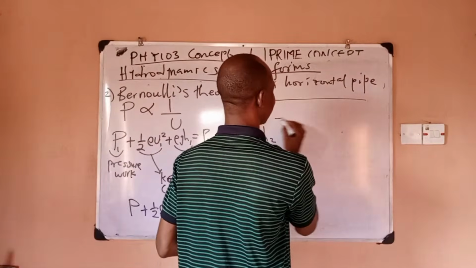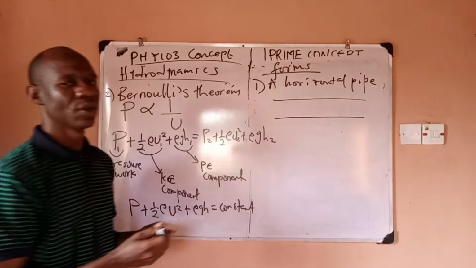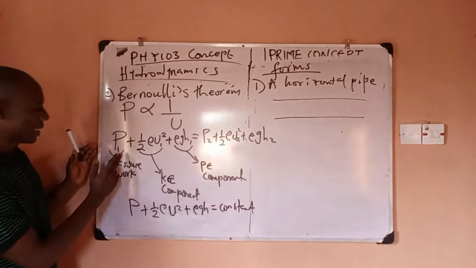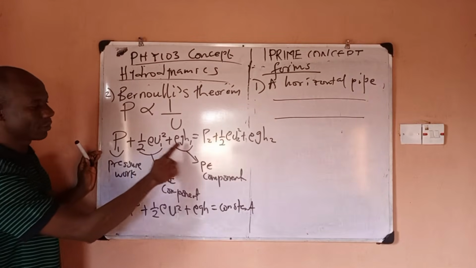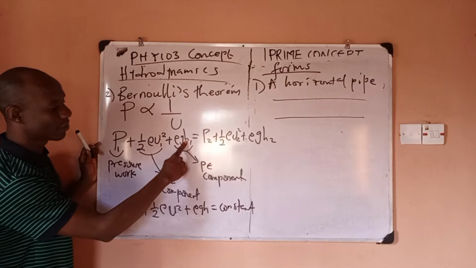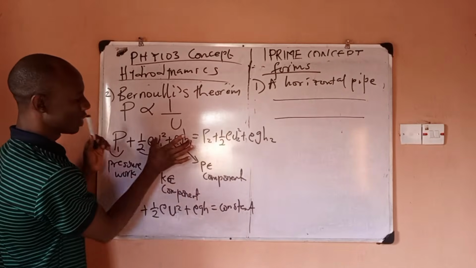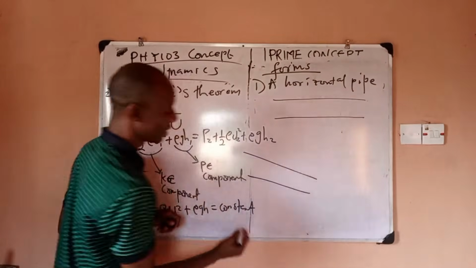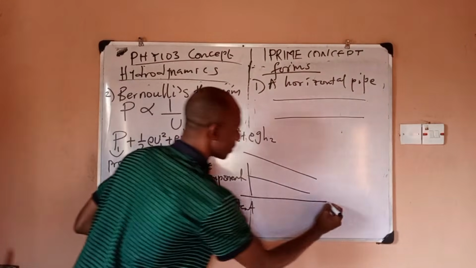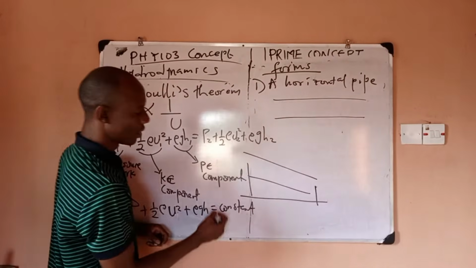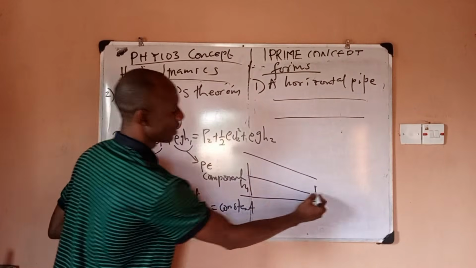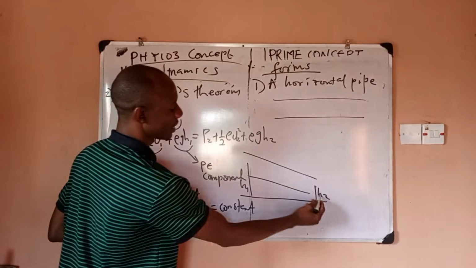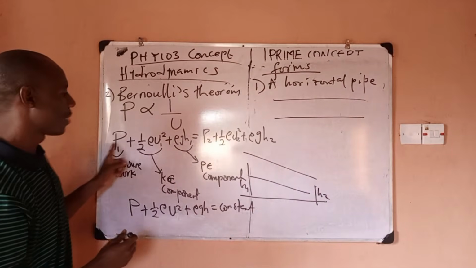Remember in Bernoulli's equation originally, you have a height difference. You have H1 and you have H2. This equation is applied when you have a pipe that is tilted, such that this is your ground. So in this case, this is H1, this is H2. So H1 and H2 are not the same.